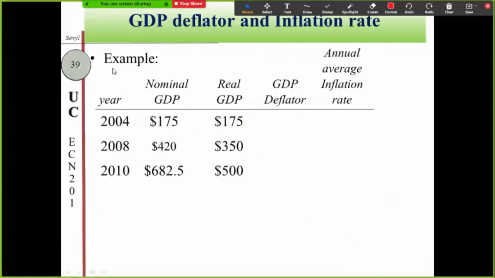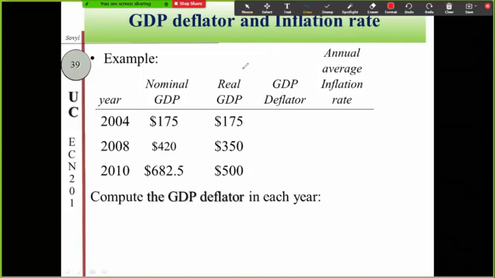For example, I have nominal GDP data, and I also have real GDP data for 2004, 2008, 2010. Based on this data, I want to find GDP deflator. So you know how to find GDP deflator? You need to take nominal GDP divided by real GDP multiplied by 100.